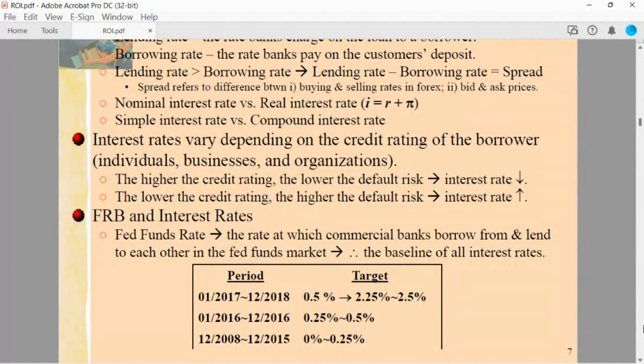But then how do they do it? The point of the Federal Reserve setting the target is to work through the market mechanism, so that the Fed funds market rate among the commercial banks would come close to the target rate.